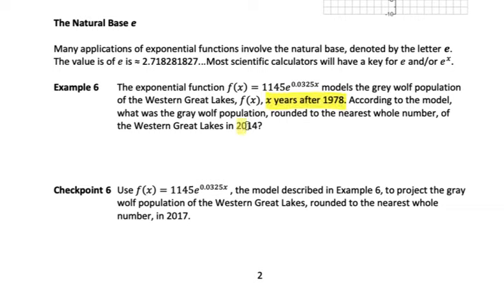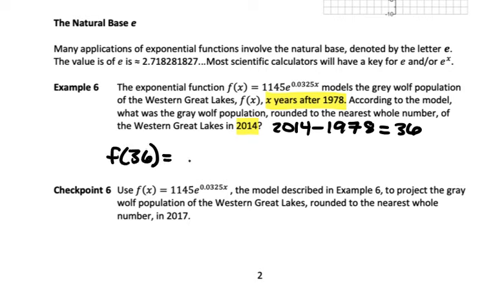They want to know the population in 2014. So what I have to do first is figure out how many years that is. So 2014 minus 1978 is 36 years. So that means 36 is what I'm going to plug in for x.